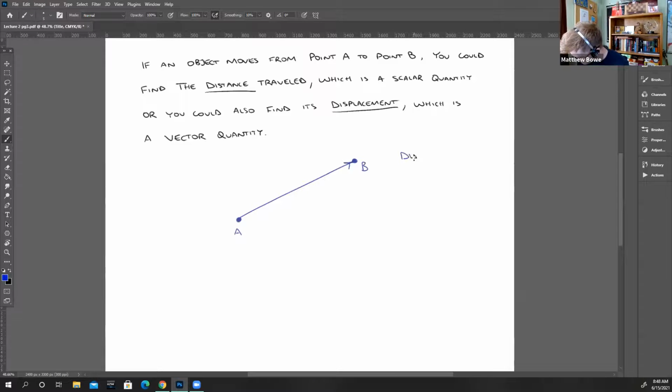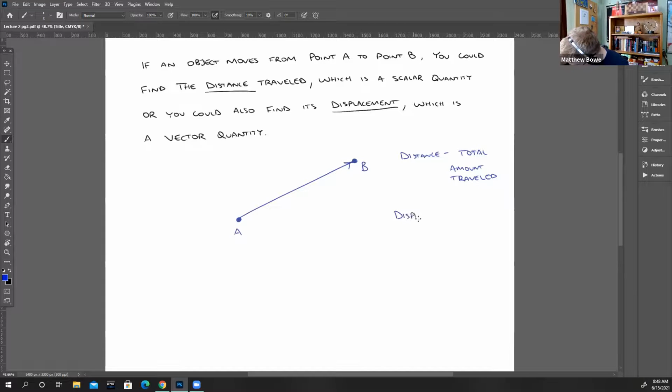So distance, you think of it as just like total amount traveled. And that's why it's a scalar quantity.